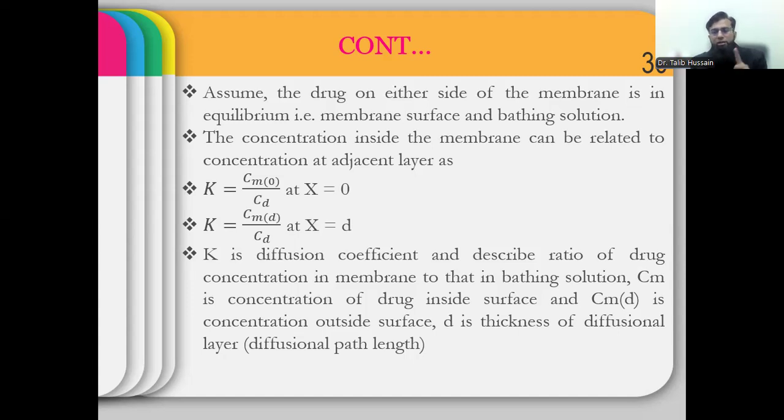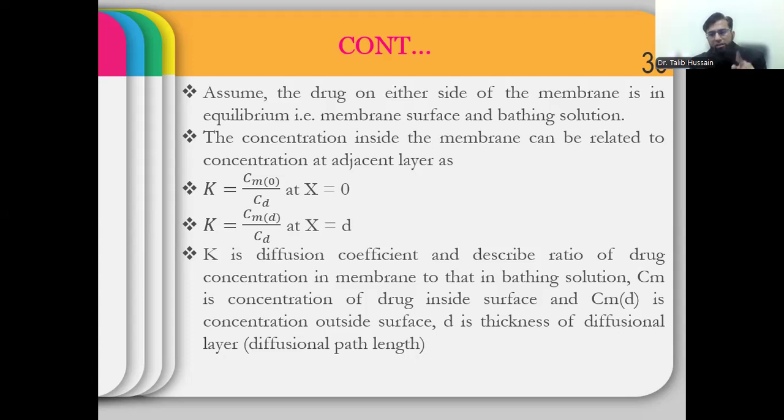So K can be calculated from this C0, which is inside the polymeric core material, relative to the concentration outside the core material. So the rate constant will depend on the Cm and Cd concentrations.